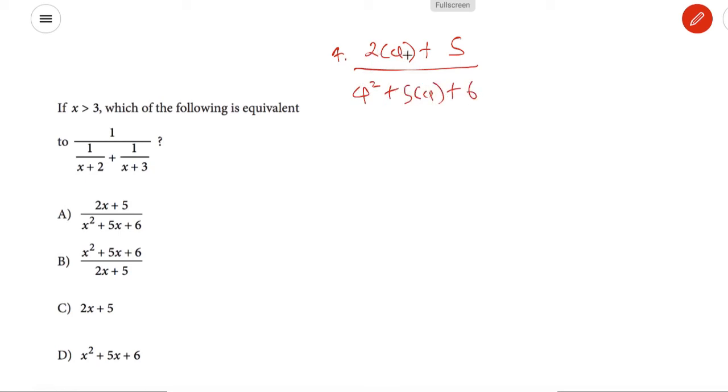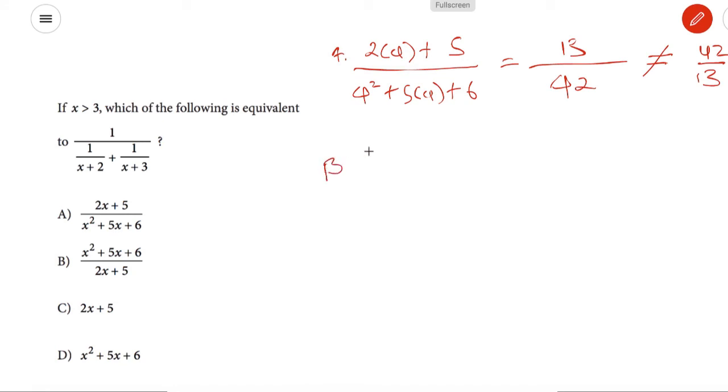Well, 2 times 4 is 8. 8 plus 5 is 13. 4 squared is 16. 5 times 4 is 20. So 16 plus 20 is 36. And 36 plus 6 is 42. But 13 over 42 is not equal to 42 over 13. So it can't be A.